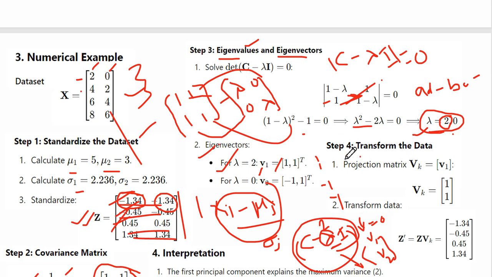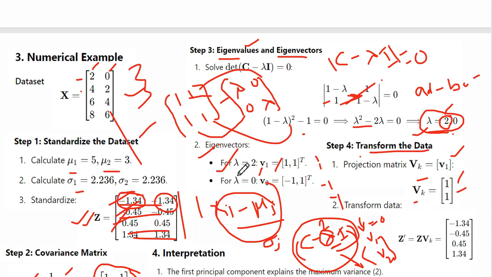Once you have calculated eigenvalues and eigenvectors, then we have to transform the data. Here I am considering only eigenvector V1. Why? Because I want to choose only one component, the one with lambda equal to 2. That's why V equals V1, so its values are 1 comma 1.